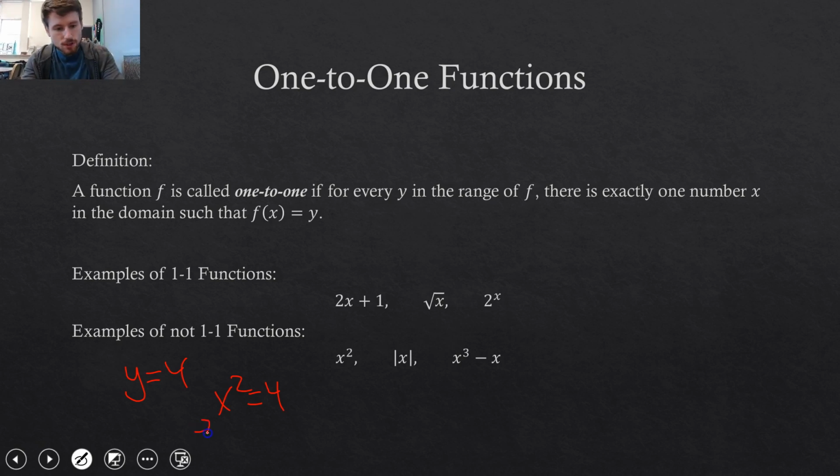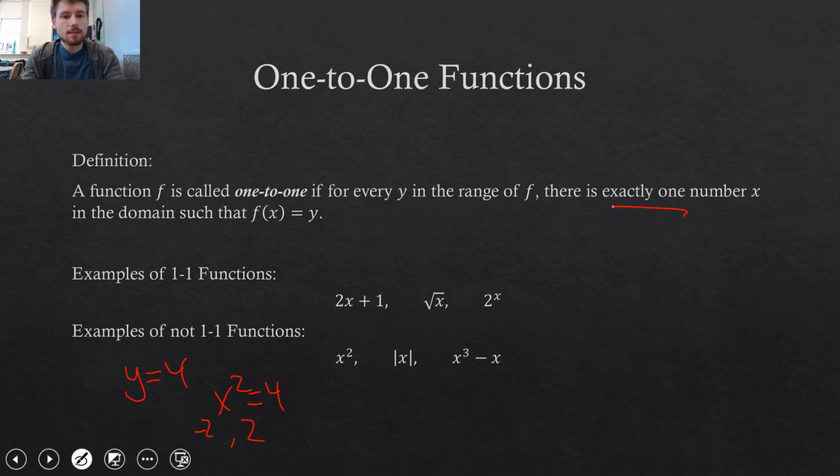So we have -2 and 2 are both going to give you 4 as the answer under x squared. So it's not one-to-one because we found a y in the range where two different x's map to that. And this is saying we need exactly one and not two, okay?